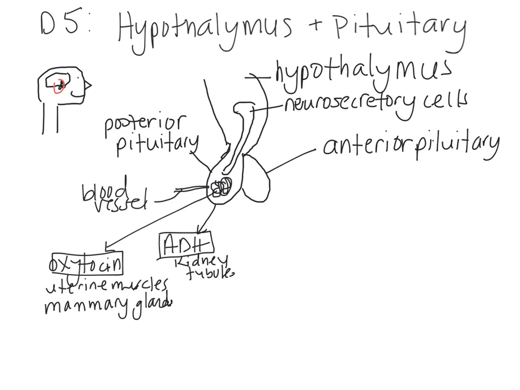Now let's move on to the anterior pituitary. The anterior pituitary is much, much different. In the hypothalamus, there are still some neurosecretory cells. But instead of extending down into that anterior pituitary, they secrete hormones called releasing hormones into a blood vessel. These blood vessels are called portal blood vessels.